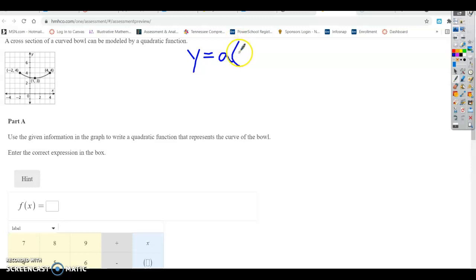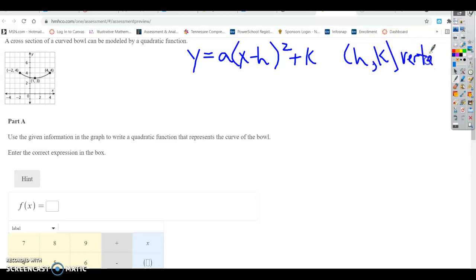So we've got parentheses squared, but we still have h and k, where h and k is our vertex. If we come over here, we can see that our vertex is (1, 3). So that's our h and our k.